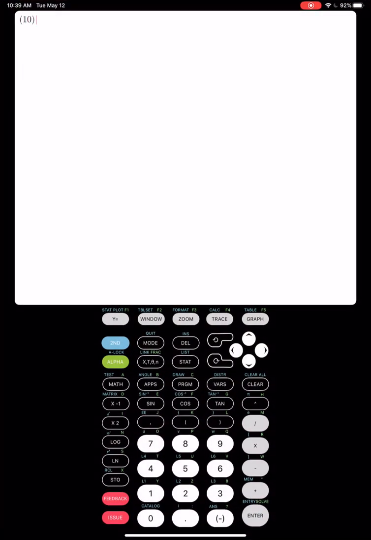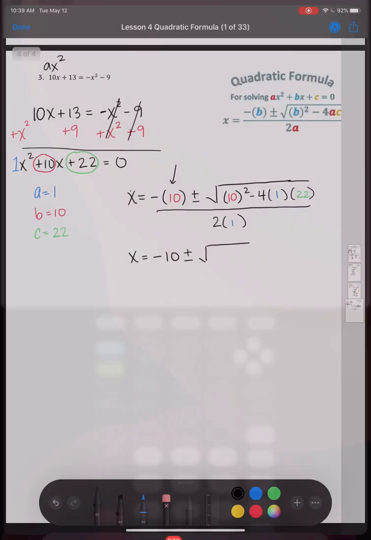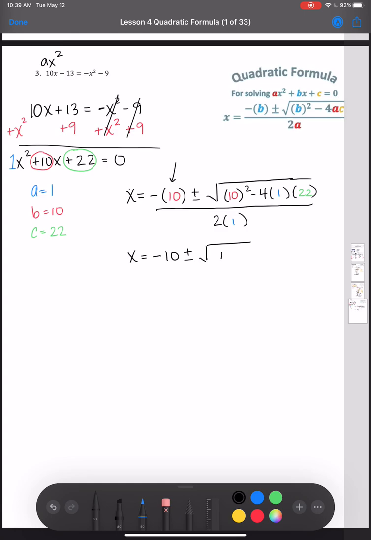Notice that I'm putting this in parentheses every time, just in case it's negative. You want to make sure you do that. Minus 4 times 1 times 22, and that is 12. All divided by 2 times 1, which is 2.